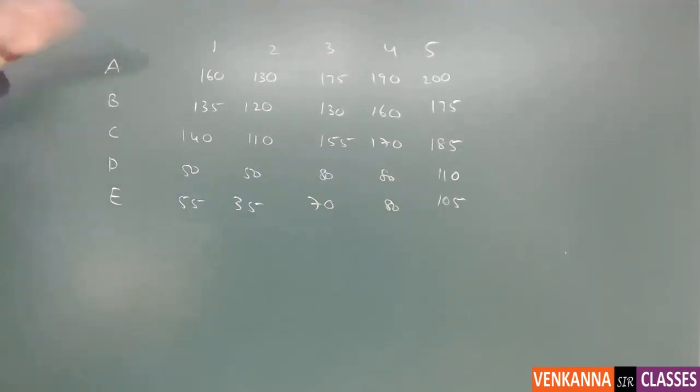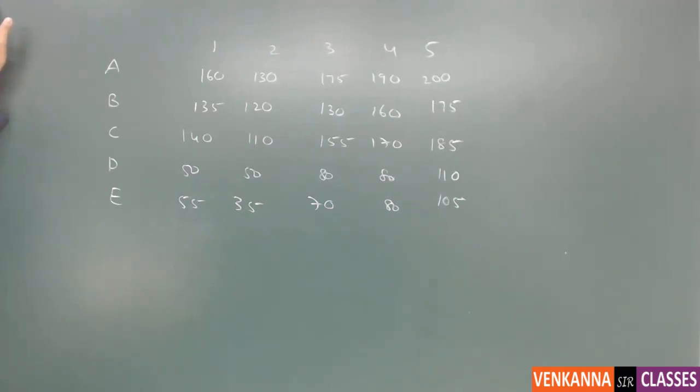So here 1, 2, 3, 4, 5 indicate the agency locations, and A, B, C, D, E indicate the cities. The values in the matrix are nothing but the distances from one place to the other. So the objective is we are going to minimize the distance. So how to allocate the values? That is the objective of the problem.